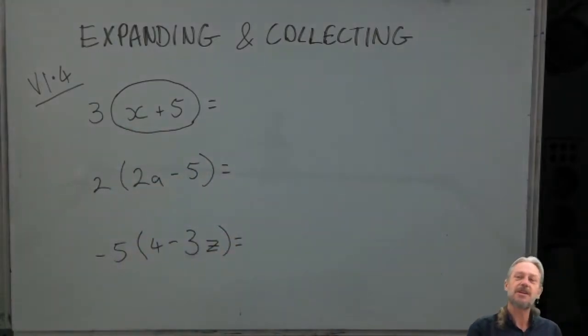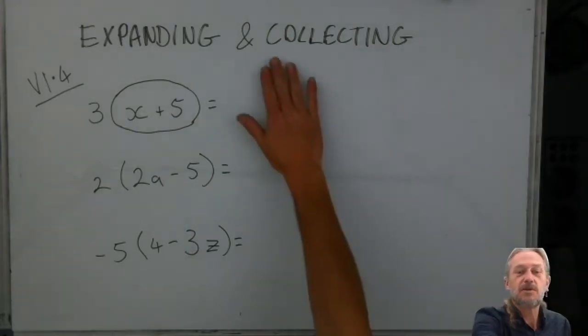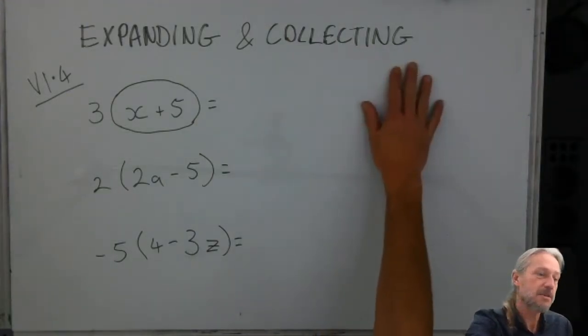The letters are really just a placeholder for a number. So they represent numbers, but we don't know what they are, so we just have to use a different symbol to represent a number.